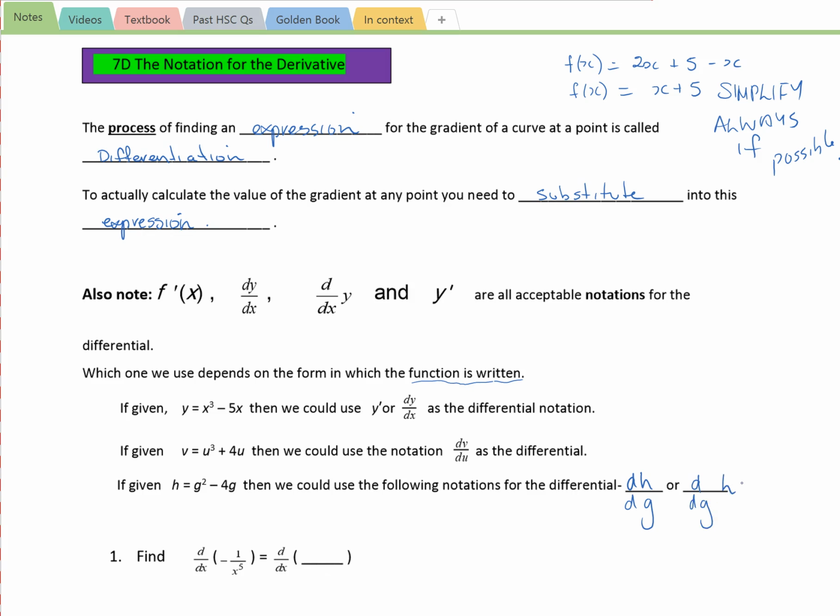Now, at the risk of confusing you, but I don't think I will confuse you, I will talk about why we don't call this h dash, why we didn't call this one v dash, but we can call this one y dash.